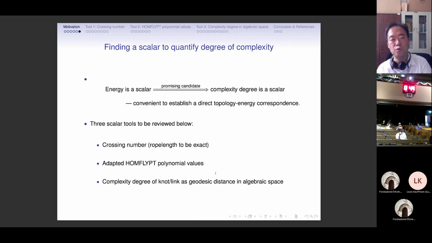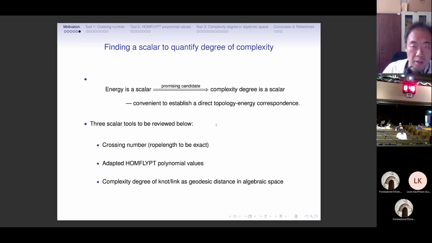So how to do this job? Our dream is to find a scalar to quantify the complexity degree. Why a scalar? Because in physics, energy is a scalar. So if we can find a scalar to play the role of complexity degree, then it will be convenient for us to establish a direct one-to-one correspondence from topology to energy.